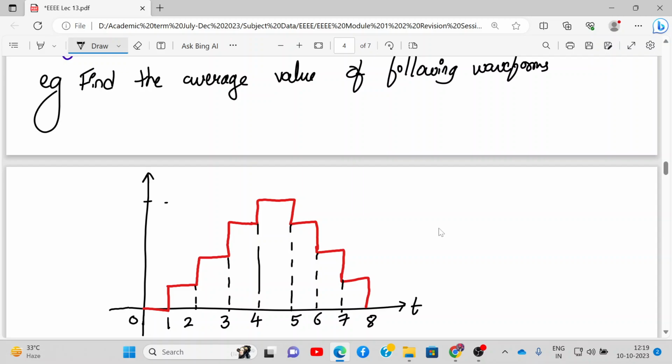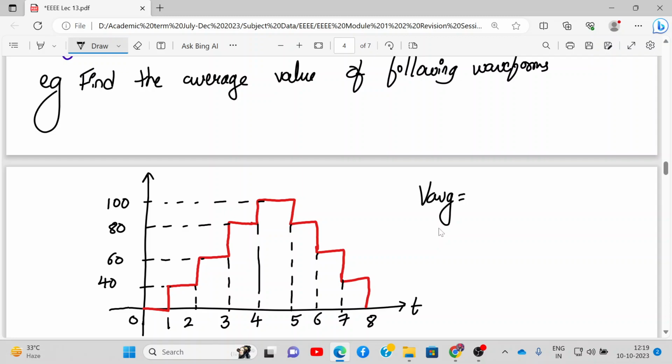The maximum values over here are around 40, 60, 80 and 100. We need to find the average value of this waveform. At all the instants of time, that is at t equal to 1, 2, 3, 4, write the values of voltage and divide by the total number.